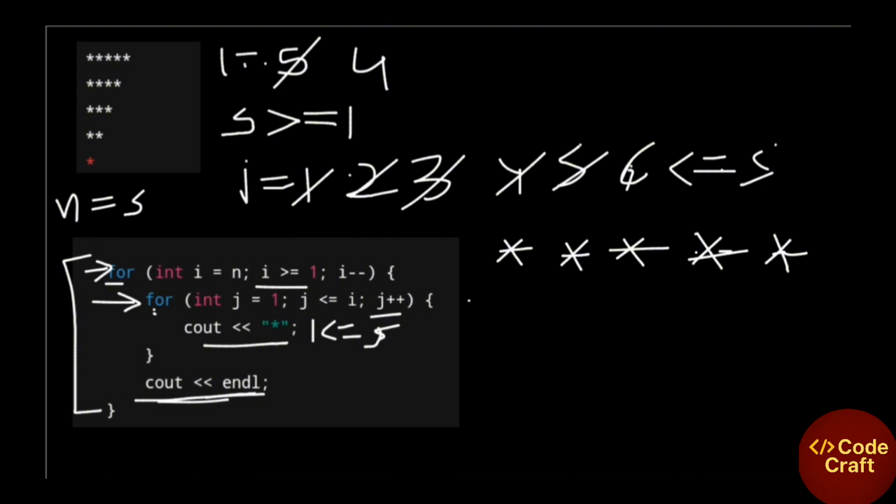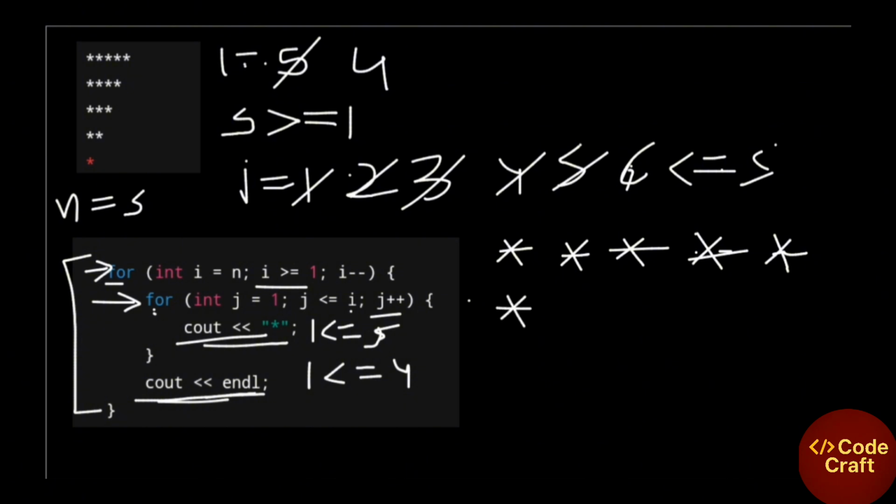After this j becomes 6, and 6 less than or equal to 5 is false.